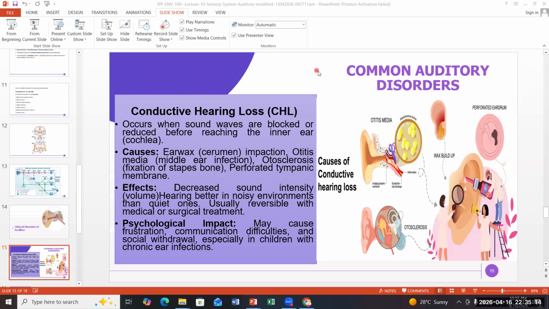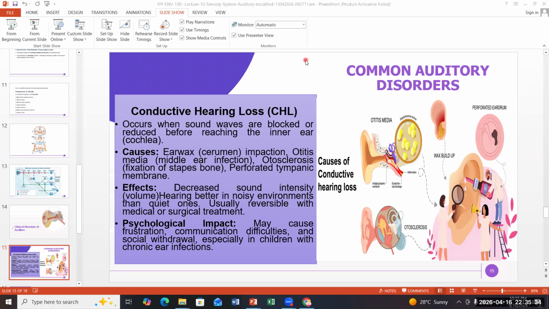If there is any infection, that infection can be cured, right? So this is an indication that conductive hearing loss tends to be reversible. If there is any such underlying reason, it can be reversed.